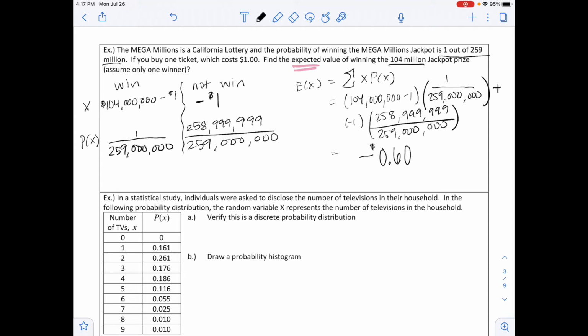So what this says is if you were to purchase tickets over and over every week, you would expect in the long run to lose 60 cents out of every $1 that you've been spending. So usually your odds for this kind of lottery are going to be negative.